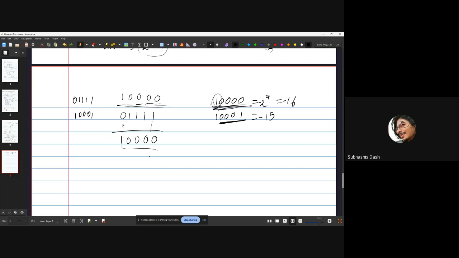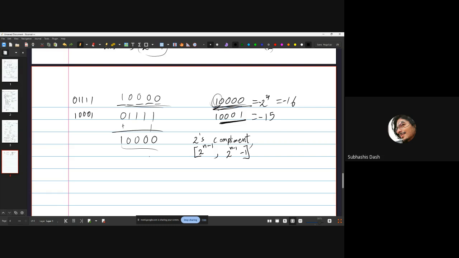A bit complicated, but essentially what you need to realize is in the case of 2's complement, the minimum value is going to be minus 2 to the power n minus 1, and then the maximum value is going to be 2 to the power n minus 1, minus 1.